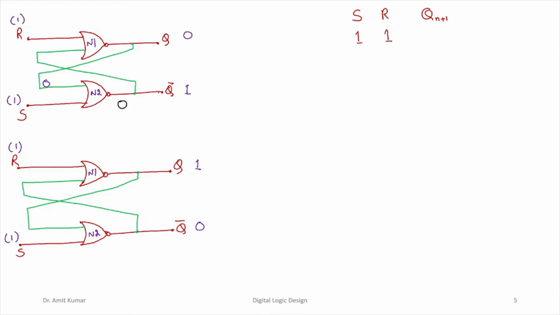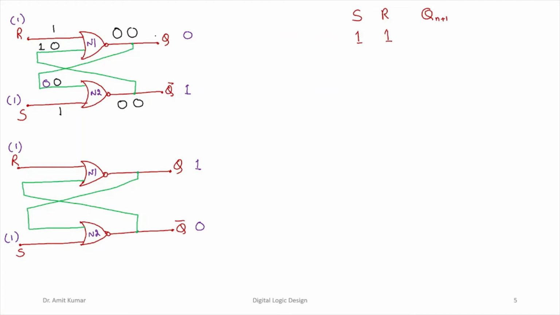Now if you look at this particular one, 1 NOR 1, the output is going to be a 0, right. Again, this 0, from the feedback mechanism, will be made available to this 0 NOR 1. Since this S is 1 and this R is 1, 0 NOR 1 again is 0. From the feedback this 0 will be made available to the input of this, 0 NOR 1 again is 0.